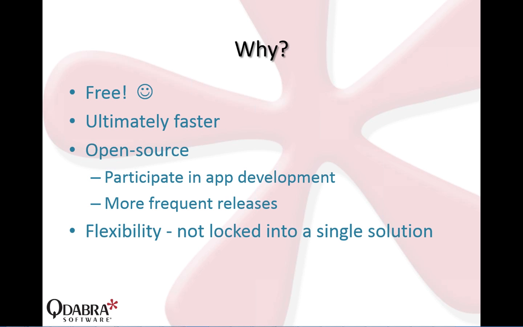Also, with open source, you generally have more frequent releases, so you don't have to necessarily wait several years to get the additional features that you've been asking for. And also, if you're participating, you're more likely that your voice will be heard and the features you're asking for will get into the next release. This is particularly true of software products that are backed by small companies like Qdabra.